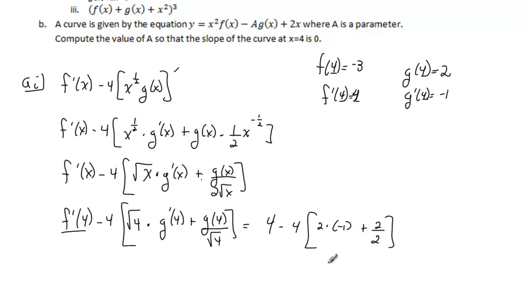So this will equal 4 minus 4 times the quantity 2 times -1, which is -2, plus 2 divided by 2, which is 1. This gives you 4 minus 4 times -2 plus 1, which is -1. -4 times -1 is +4. 4 plus 4 is +8.